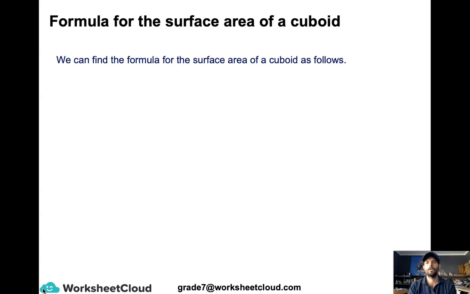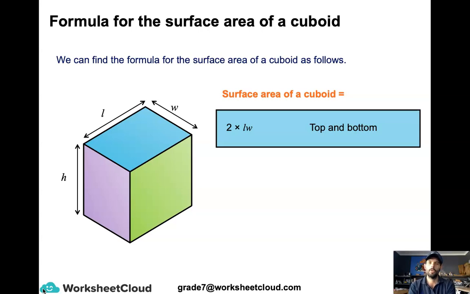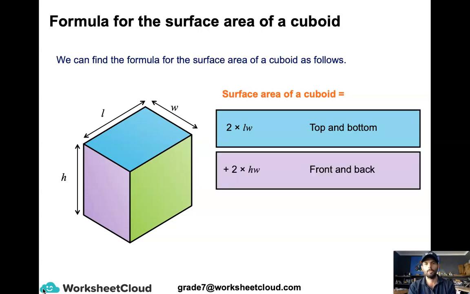Okay, so we can find the formula for the surface area of a cuboid as follows. There you've been given the height, the length, and the width. So we know that it's going to be 2 multiplied by the length and width, so that's for the top and the bottom. It's going to be 2 multiplied by the height and the width for the front and the back.